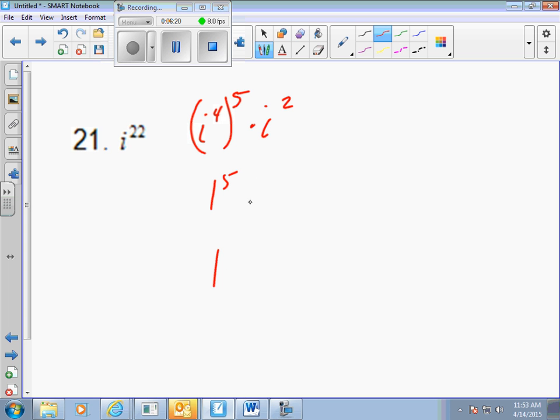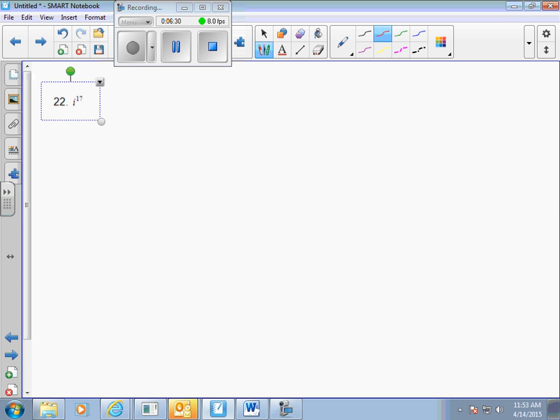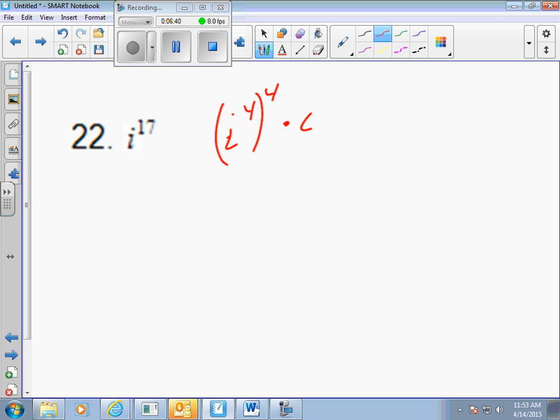And i squared is equal to -1, which is the same as 1 times -1 is -1. Here again, we know that i to the fourth is equal to 1. i to the fourth power would give me i to the 16th times i gets me to the 17th power. This whole thing is equal to 1 times i, which is i.